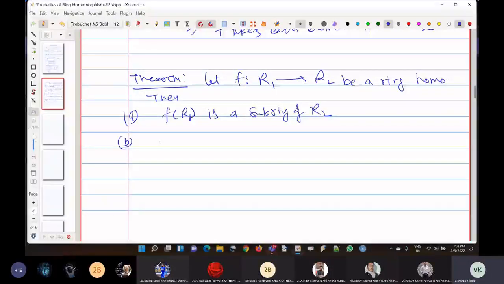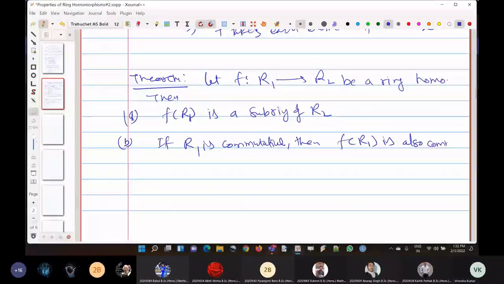Then the second part says that if R1 is commutative, then f(R1) is also commutative.